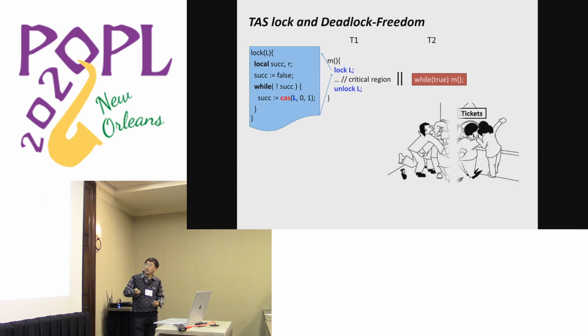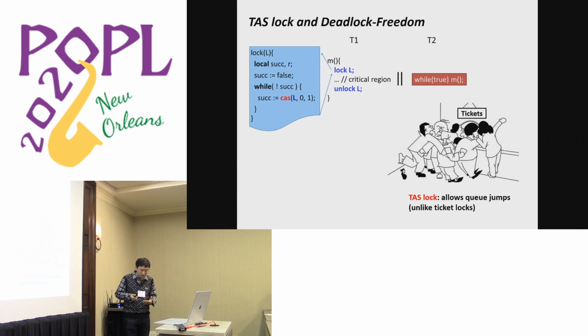We want to follow the sequence of definite actions idea, but then we cannot find a decreasing sequence of definite actions, because whenever T2 releases the lock, it may immediately acquire the lock again. In this case, it's like queue jumping. So the length of the queue is not decreasing. Then how do we handle this case?